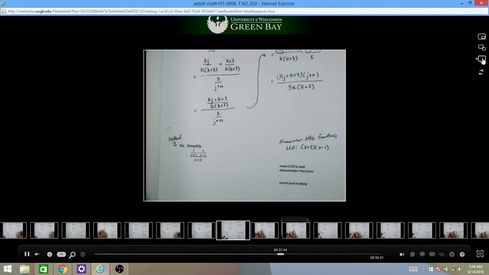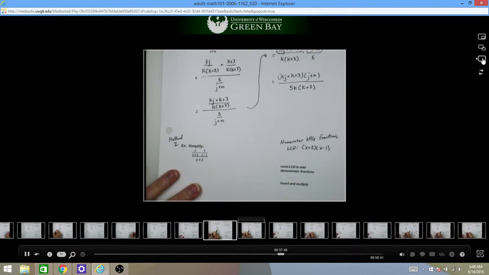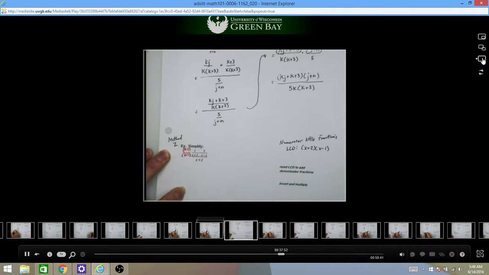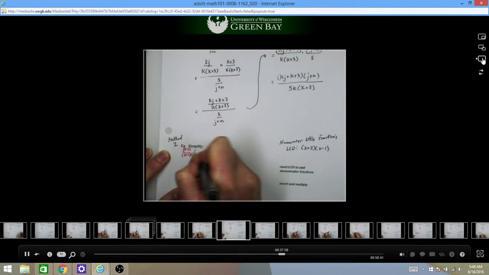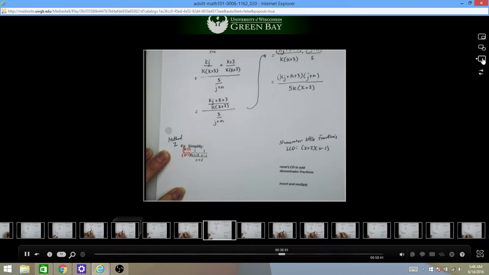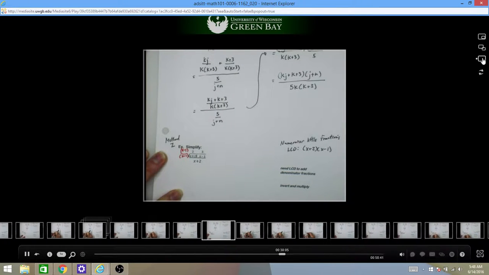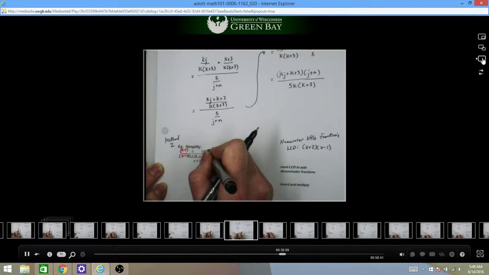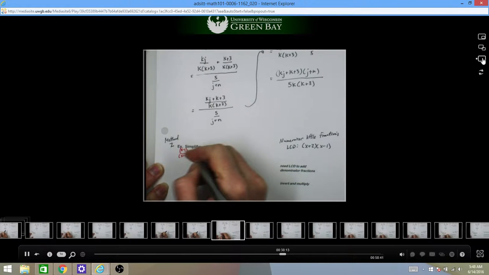So let's see, the first fraction needs an x minus 1 in its denominator. So we'll multiply by (x minus 1) over (x minus 1). So I'll put little parentheses around the x plus 2. And then the second fraction needs an x plus 2. So we'll multiply (x plus 2) over (x plus 2). Put little parentheses around the x minus 1.